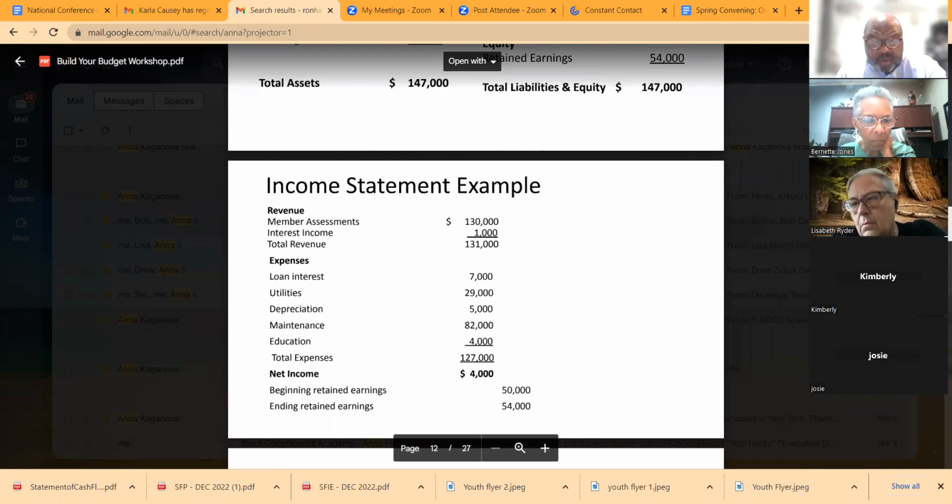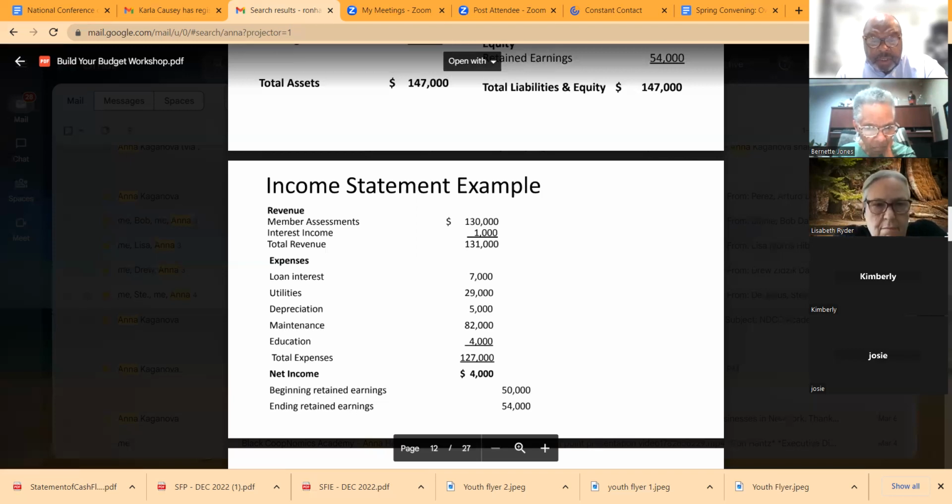Expenses: loan interest, utilities, depreciation, maintenance, education, and that comes up with the total expenses of $127,000. The net income is your total revenue minus your total expenses. And that gives you your net income.